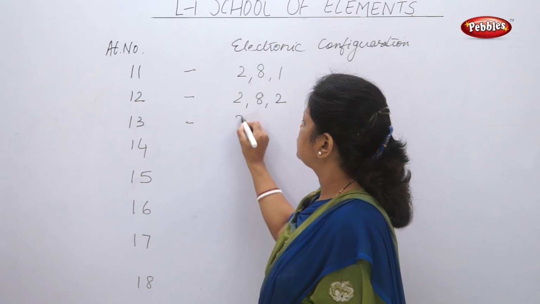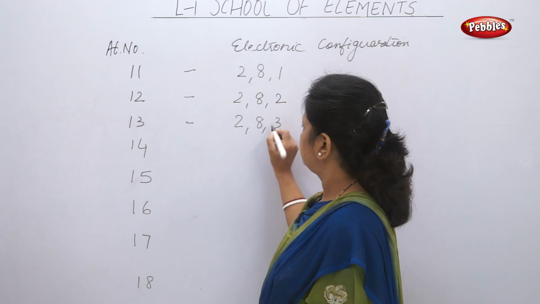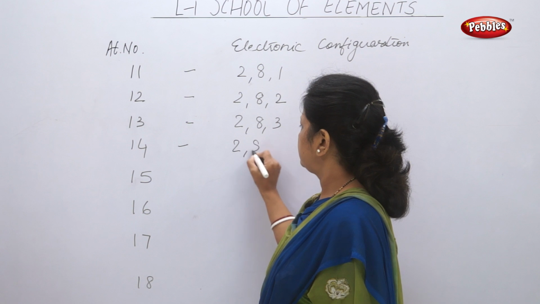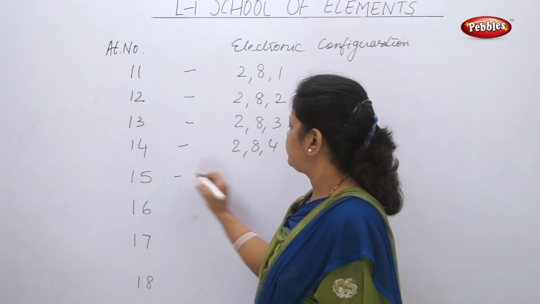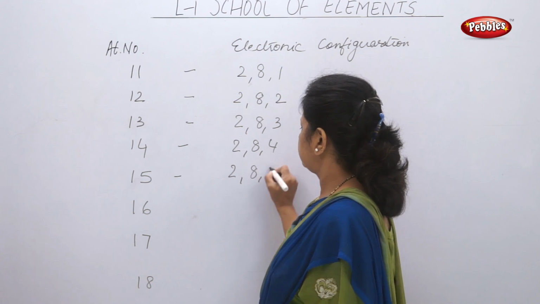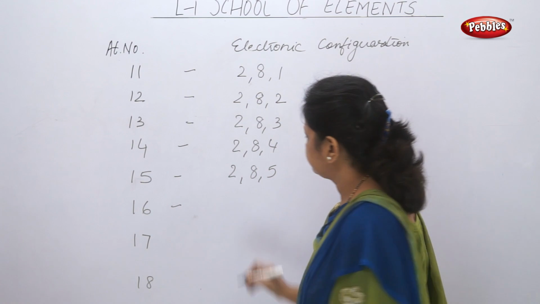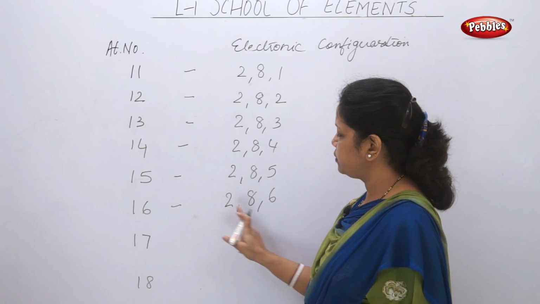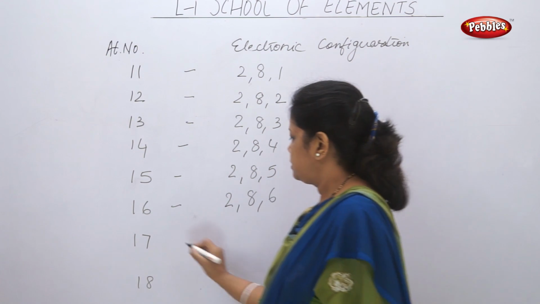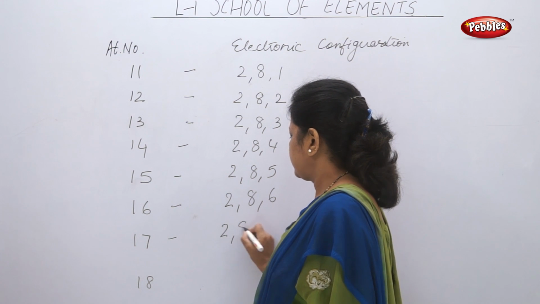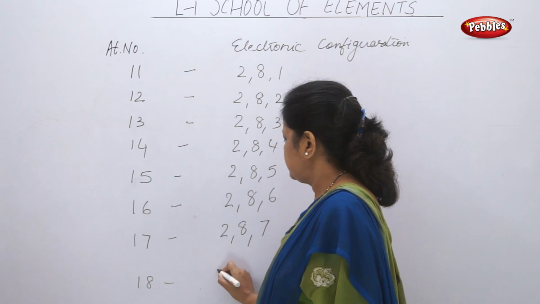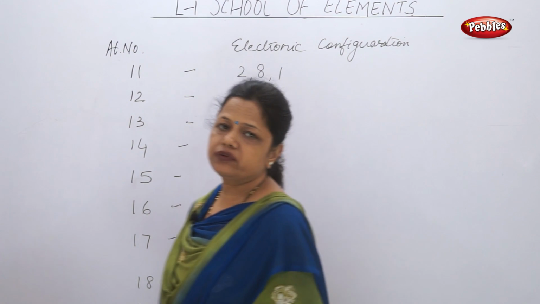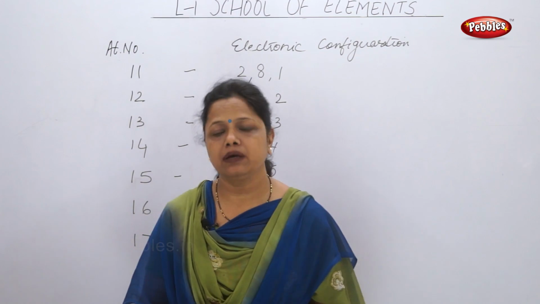Then 13th, 2, 8, 3. 8 plus 2, 10 plus 3, 13. 14, 2, 8, 4. 15, 2, 8, 5. 16, 2, 8, 6. So you can confirm 8 plus 2, 10 plus 6, 16. So like this you can confirm 2, 8, 7. And here 2, 8, 8. This is the electronic configuration from 11 to 18 atomic numbers.